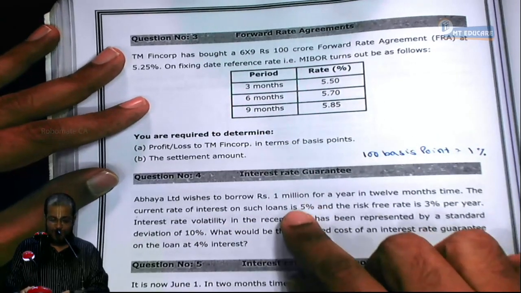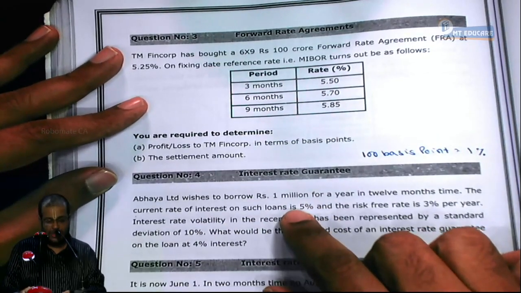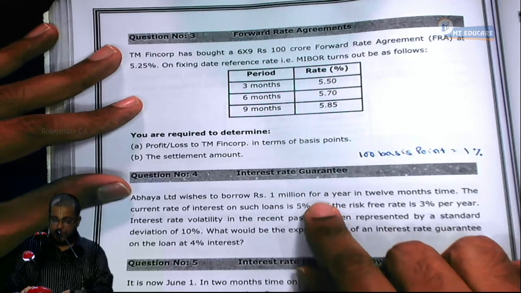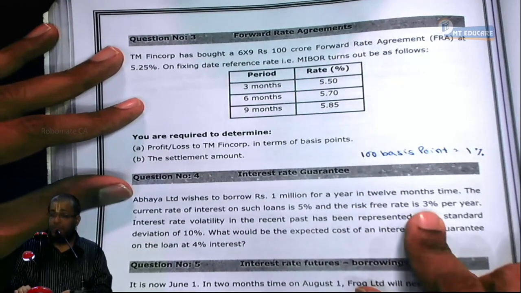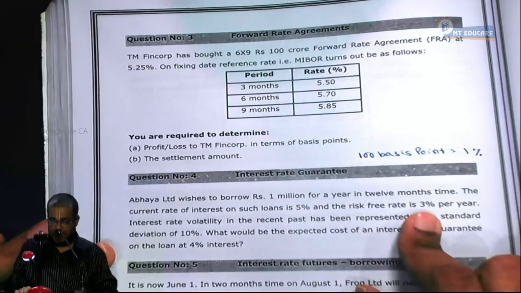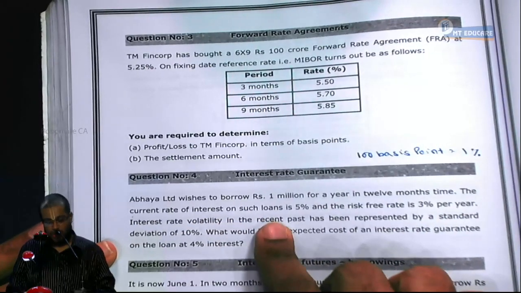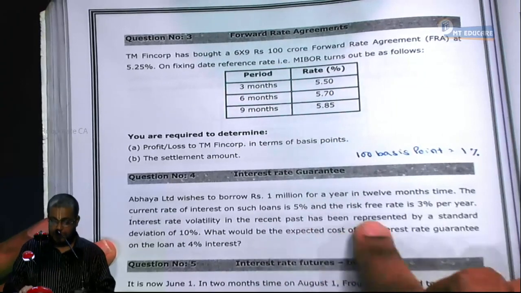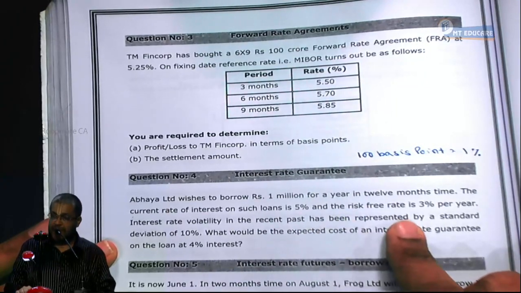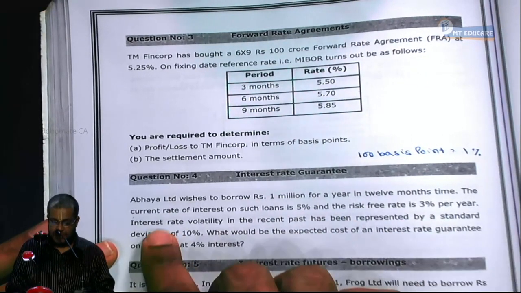wishes to borrow rupees 10 lakhs, 1 million, for a year, in 12 months time. The current rate of interest on such loans is 5%. The risk-free rate is 3%.